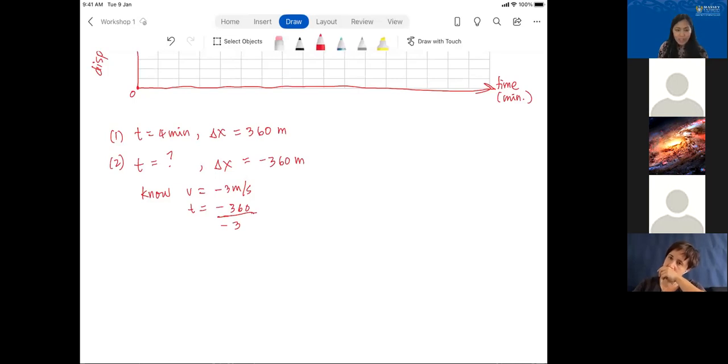I'm including the negative signs because we're talking about displacements and velocity, and that will give us a positive time of 120 seconds. If you forgot the negative sign in one and you end up with negative time, you already know time should always be positive, so just disregard the negative sign. So the time it took you to go back is 120 seconds.